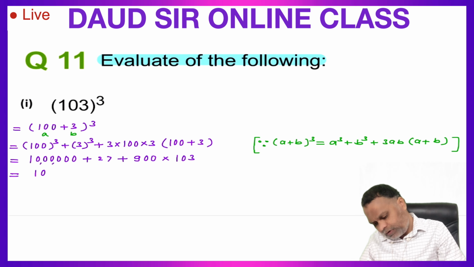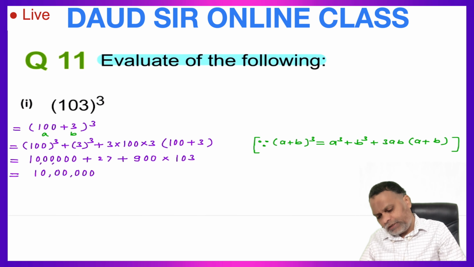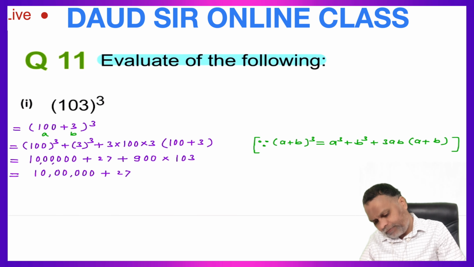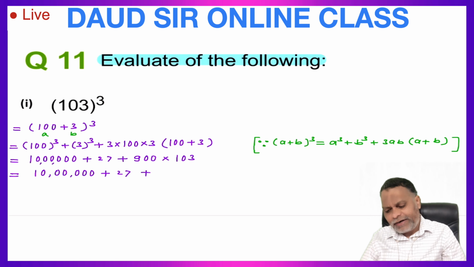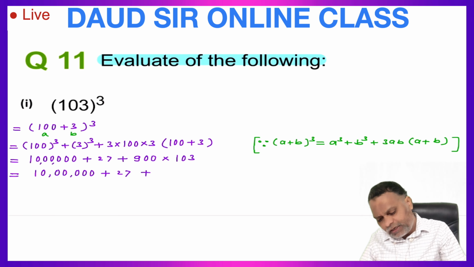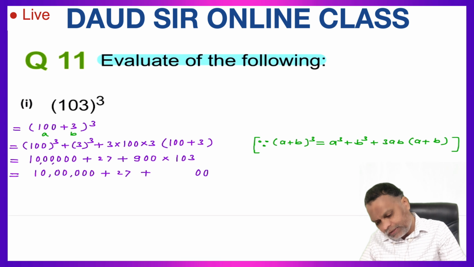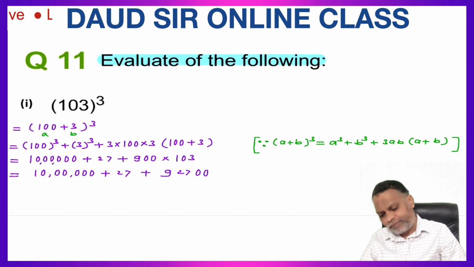So 10 lakh plus 27 plus 900 into this 103, so put this double zero first. 9 3s are 27 and 9 1s are 9.